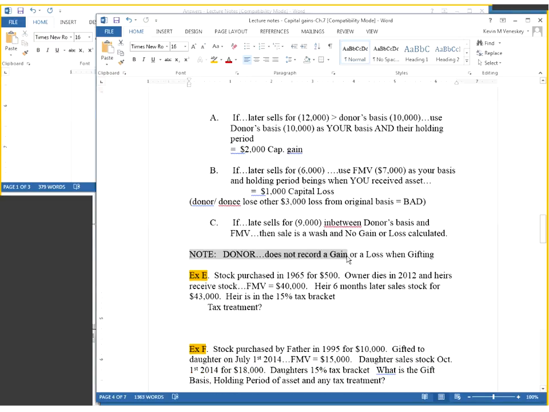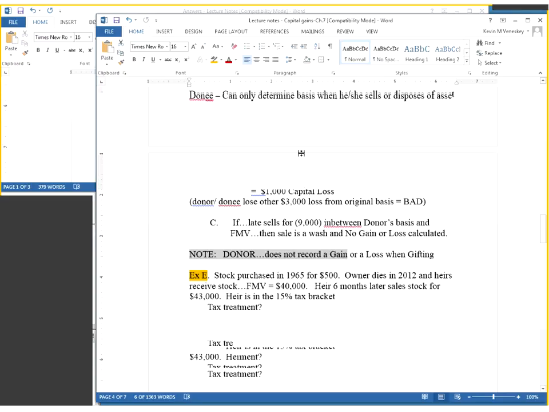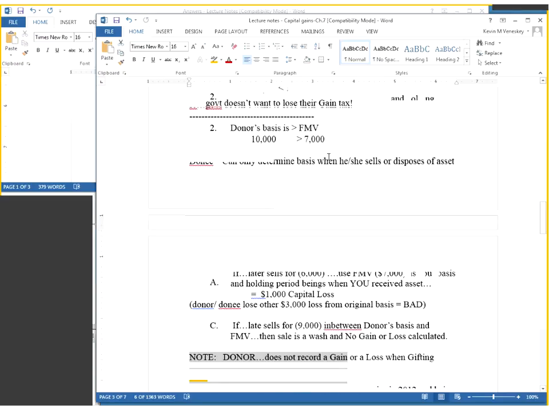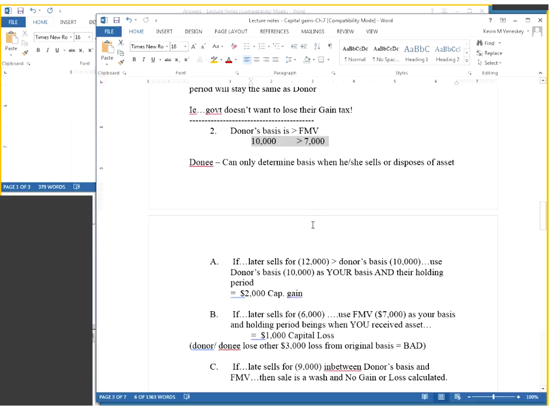And I have a note here: whenever the donor gives you something, like in the case here, the donor does not get to record a loss. Even though they had a loss, if they had sold it at fair market value for $7,000, they would have had a $3,000 loss. That would have been the best option for them.